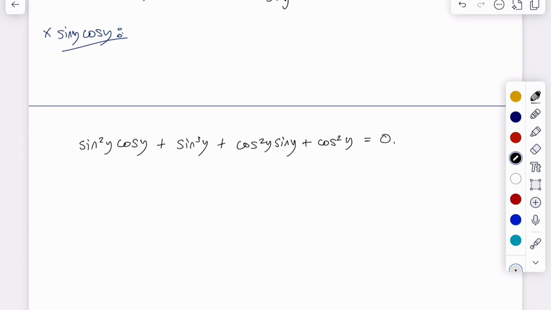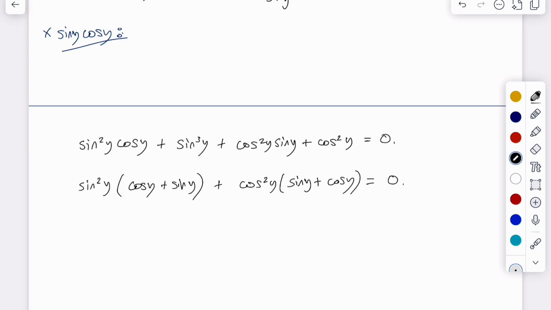Now, with that, if I take out sine squared y, we can get cos y plus sine y, plus cos squared y times sine y plus cos y, is equal to 0.